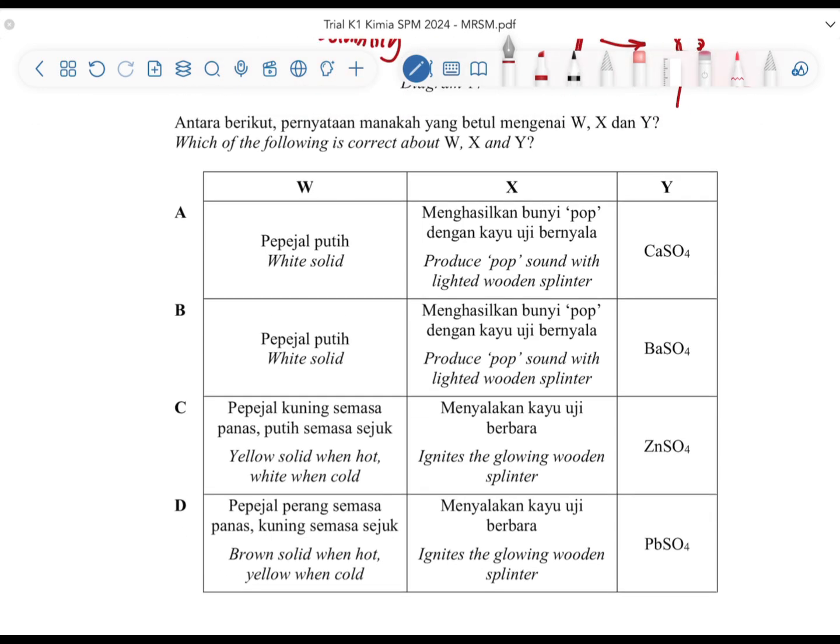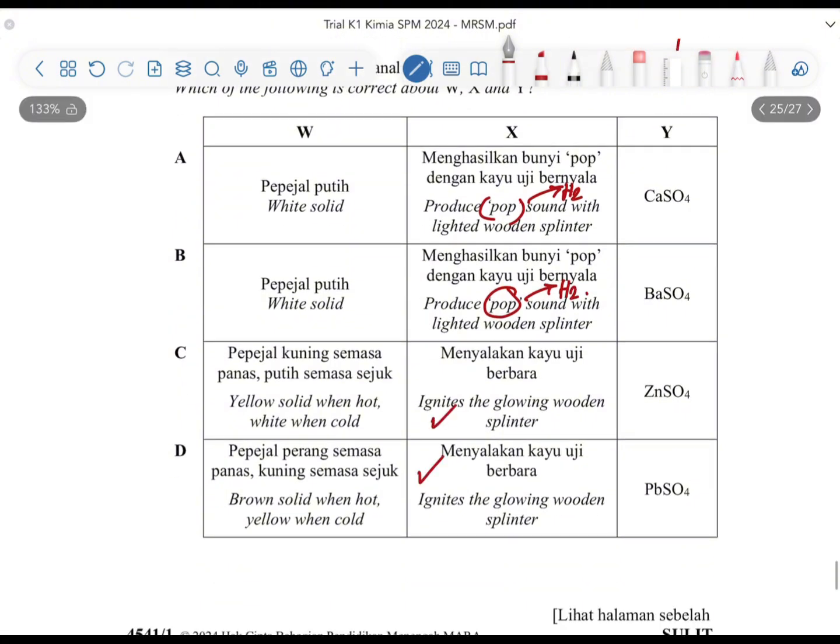The pop sound actually refers to hydrogen gas. We are not looking for hydrogen, so our answer will be C or D only. This matches our inference just now.